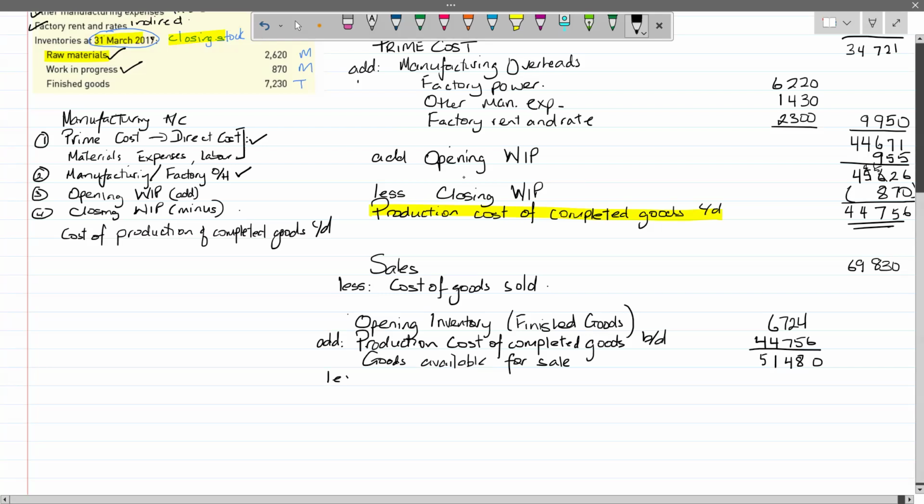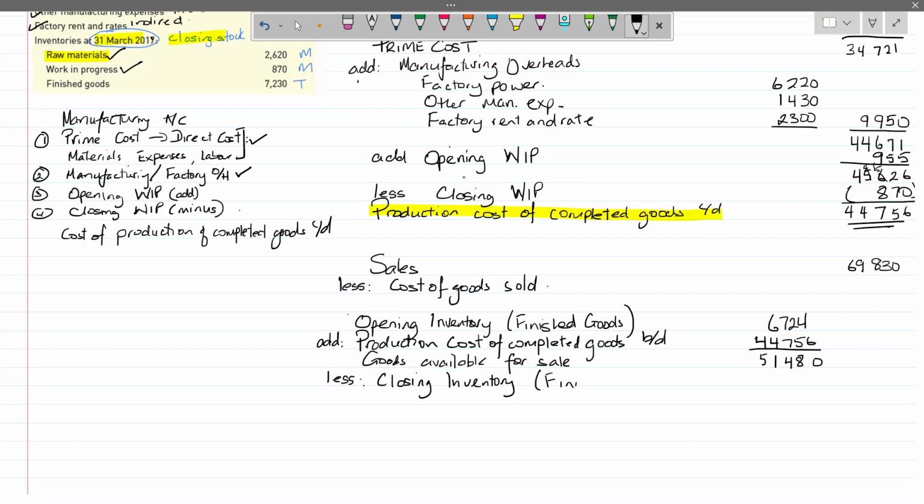We reach the end of the year now and we come in and subtract our closing inventory of finished goods. Go back up here, look at it, 7,230.